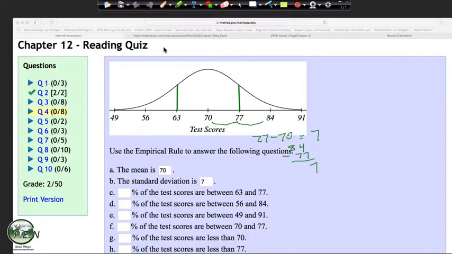So this middle portion, one below to one above, is always the 68%. And why? It just is. That's nature. That's how probability works, remember?